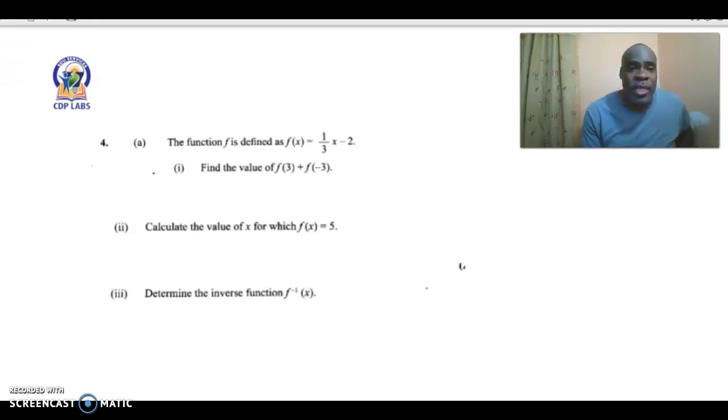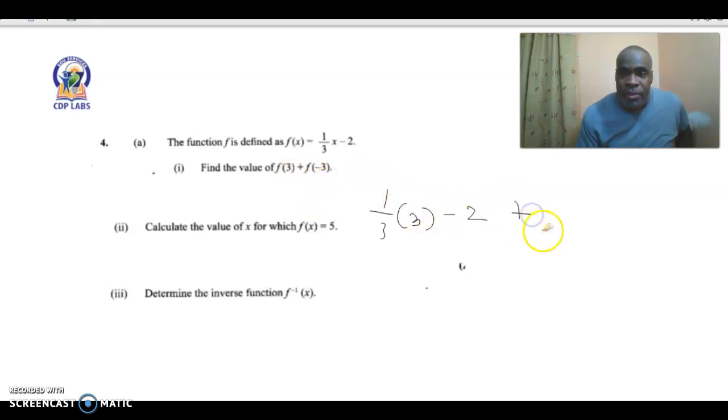Now let us see how that is done. Alright, first of all you're going to substitute the values of x in the function given. So let us start out by saying 1/3, I'll put 3 right here, minus 2. Now it says plus, so we're going to add it then.